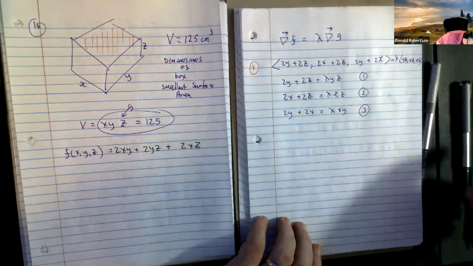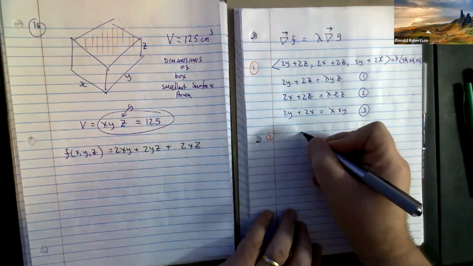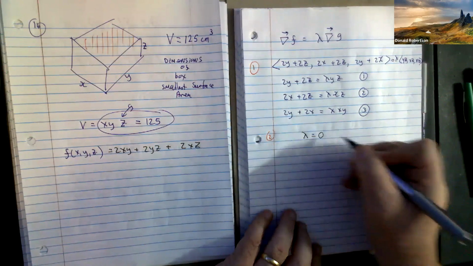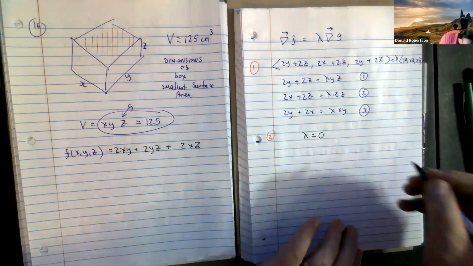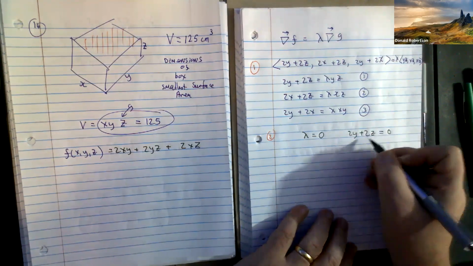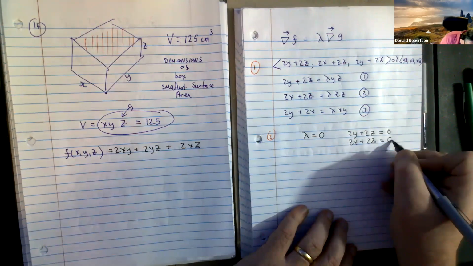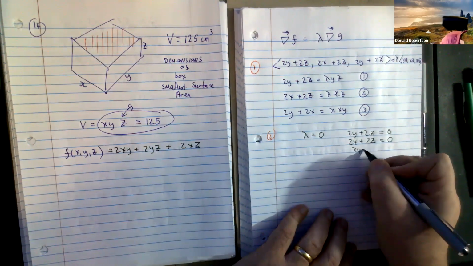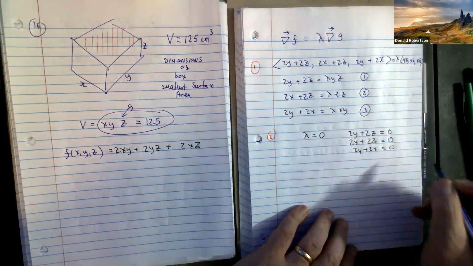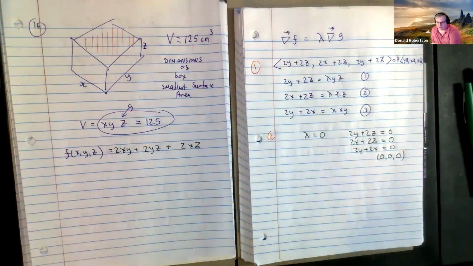Okay, step 2. I kind of know this isn't going to work, but for completeness, I'm going to do it. If you make lambda equals 0, you get 2y plus 2z is 0, 2x plus 2z equals 0, 2y plus 2x equals 0. Can you just trust me that 0, 0, 0 is the only way that's going to work?